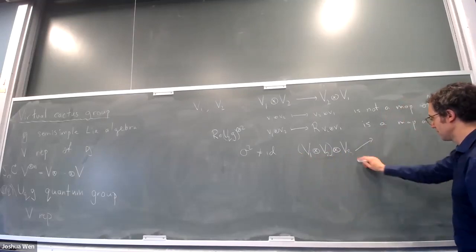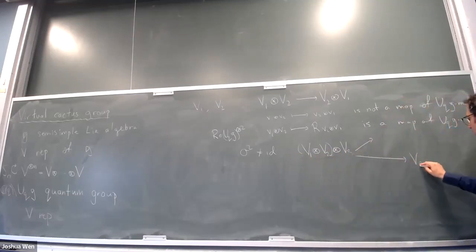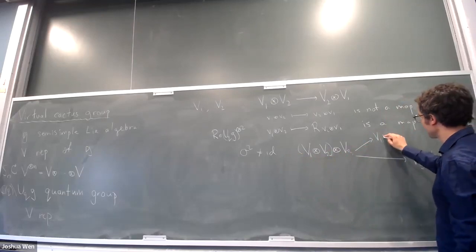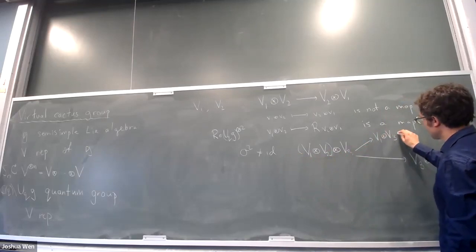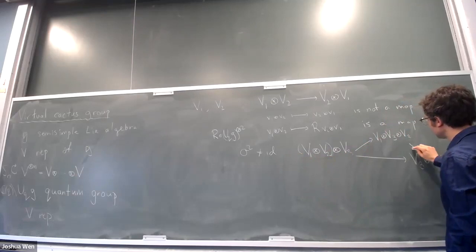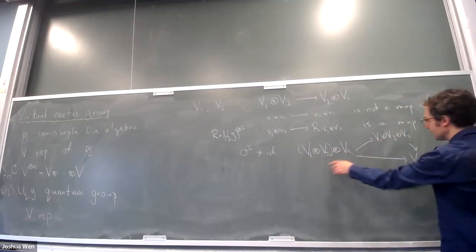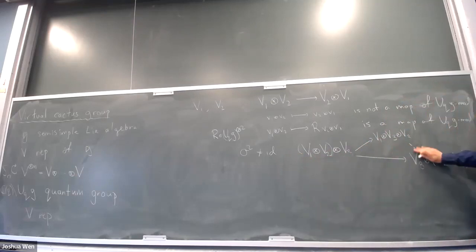So either you move it all at once, or after doing some rebracketing, you move it in two steps. Drawing the rebracketings, this little diagram here commutes.